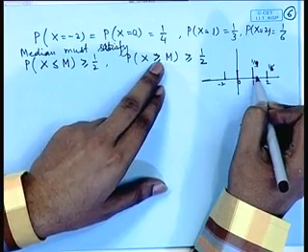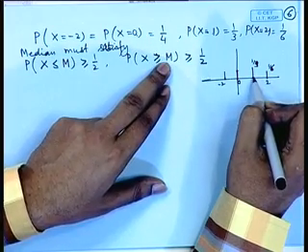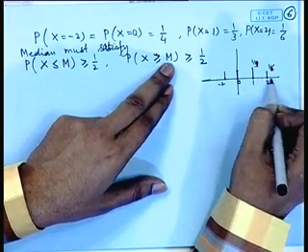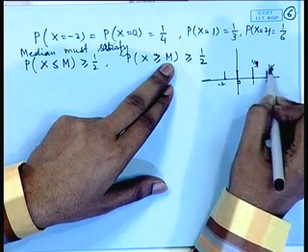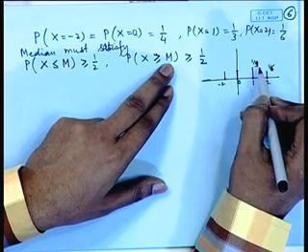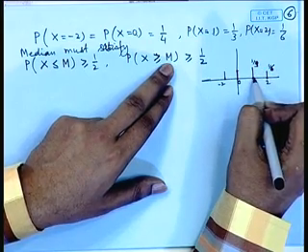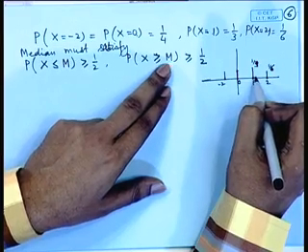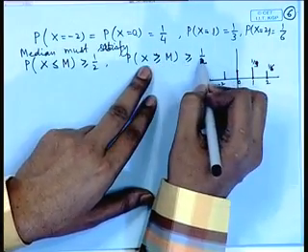In fact, if I consider probability x greater than or equal to 1, then it is equal to probability x equal to 1 plus probability x equal to 2, which is equal to half. So, any point which is less than or equal to 1 will satisfy the second condition.